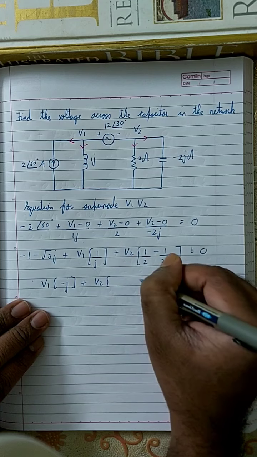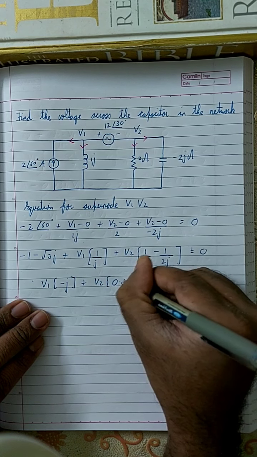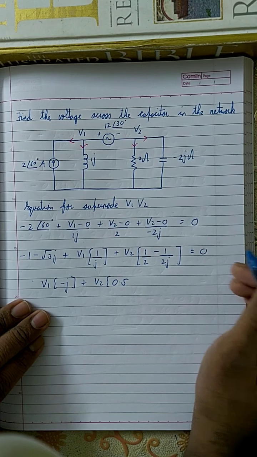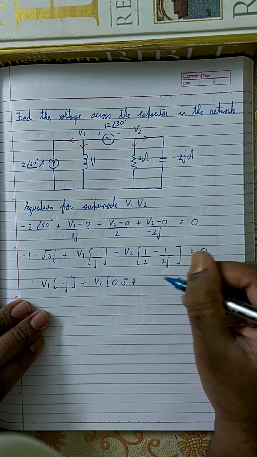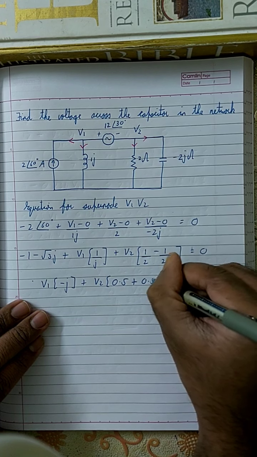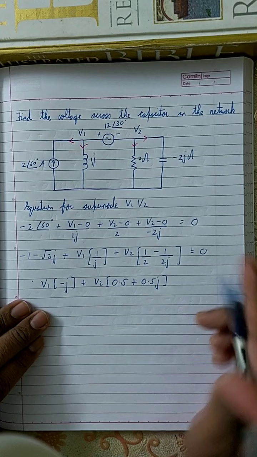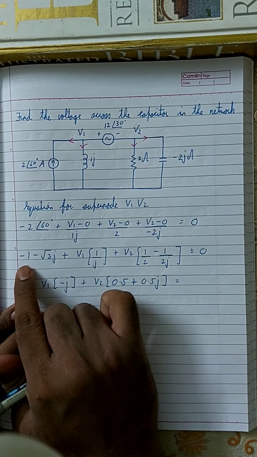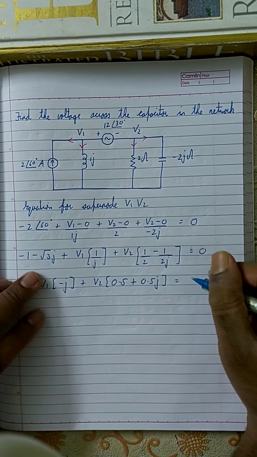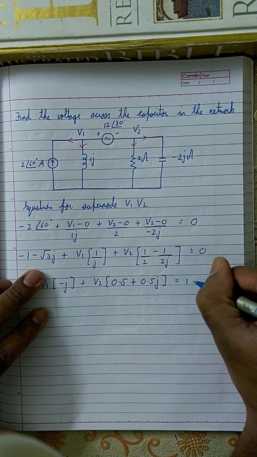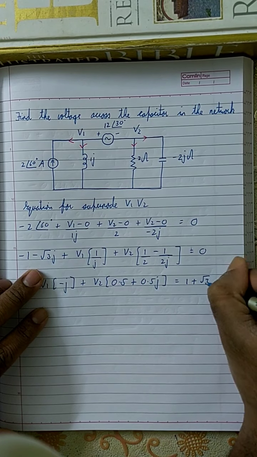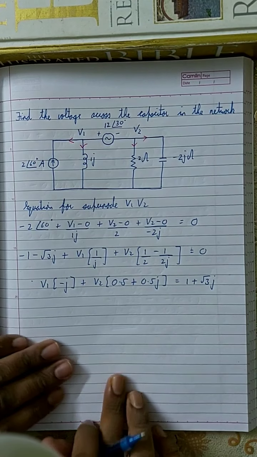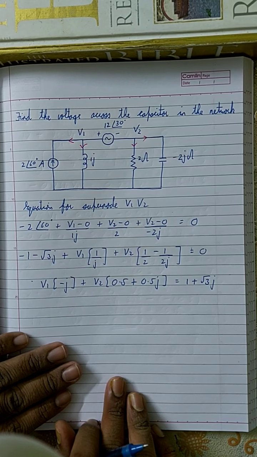So this is 0.5 plus 0.5J, right? Bring these constants over here, so minus 1 becomes plus 1, and minus root 3J becomes plus root 3J. So this is 1 plus root 3J. This is the first equation, right? This is the first equation.